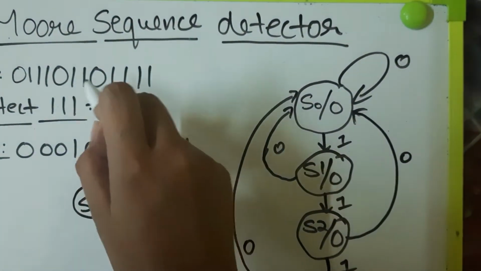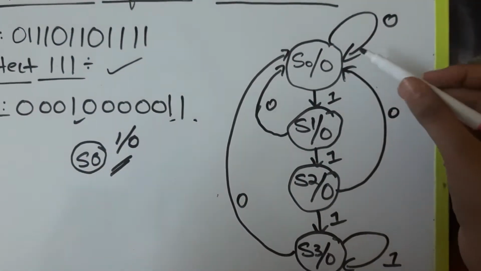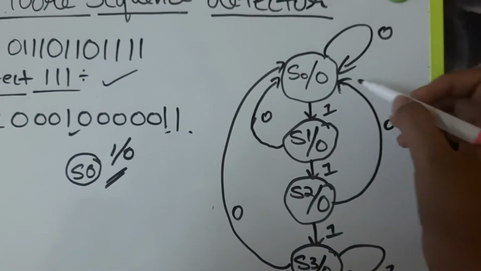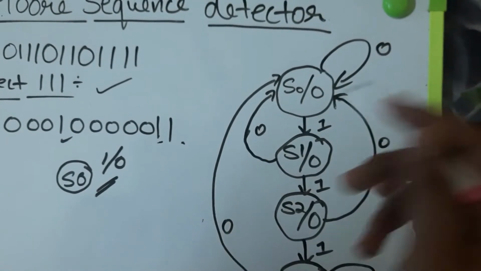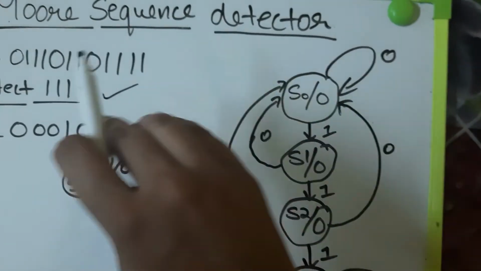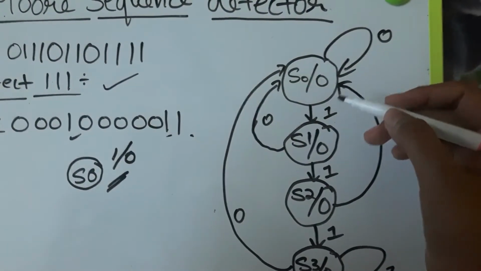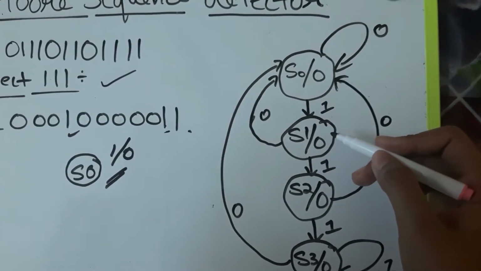Now here we need to detect 1, 1, 1, which means we need 4 states: S0, S1, S2 and S3. Initially S0 by 0, because it is only the first state and we need 3, so my output value will be 0. Then next if it is 1, it will go to S1 but my output will still remain 0.